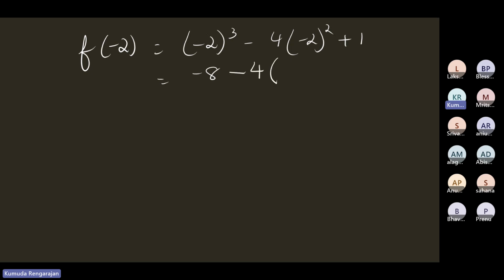Open a bracket. What is minus 2 the whole square? Minus 2 into minus 2 is plus 4. Then plus 1. Now multiply. Minus into plus is minus. 4 into 4, 16. Plus 1. So this is minus 24. So minus 23.